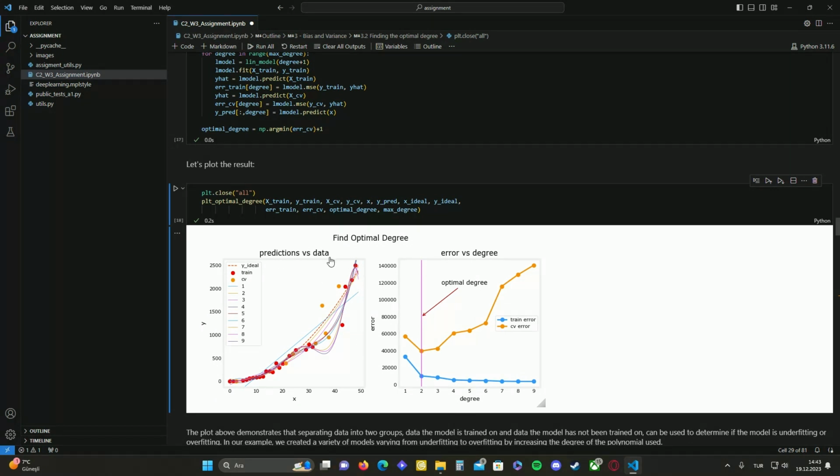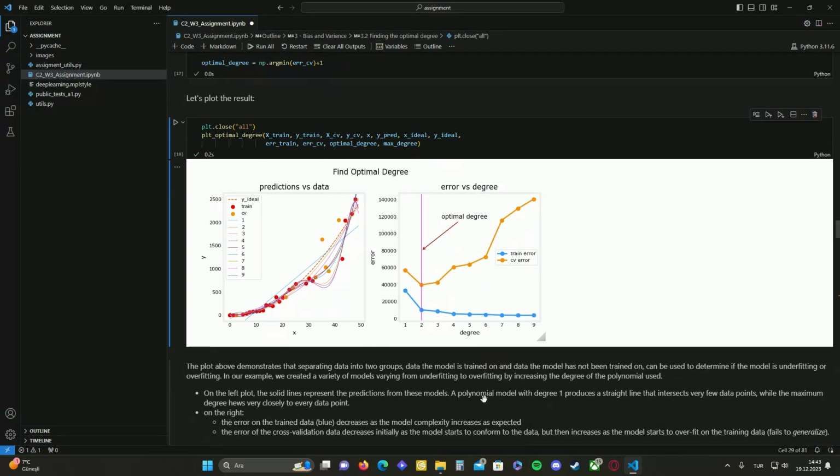Predictions versus data graph in here, and error versus degree in here. The plot above demonstrates that separating data into groups, the data the model is trained on and the data the model has not been trained on, can be used to determine if the model is underfitting or overfitting.